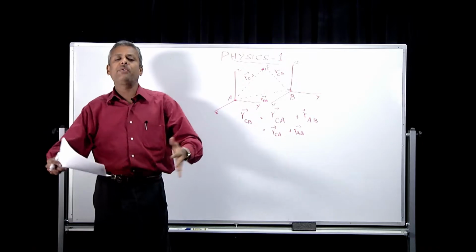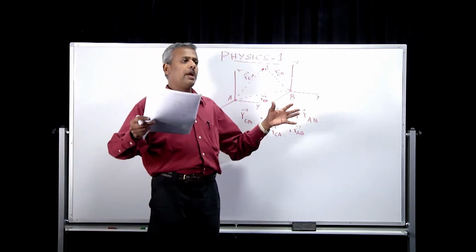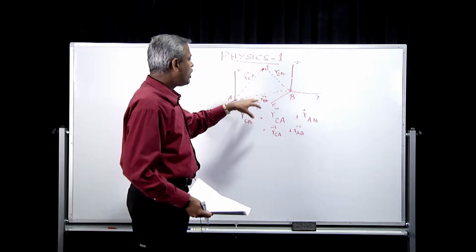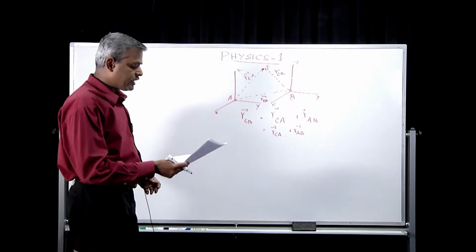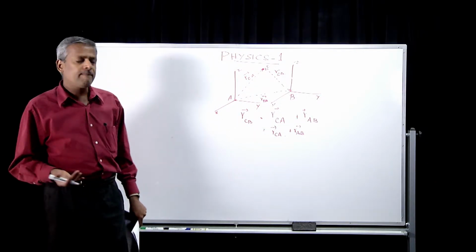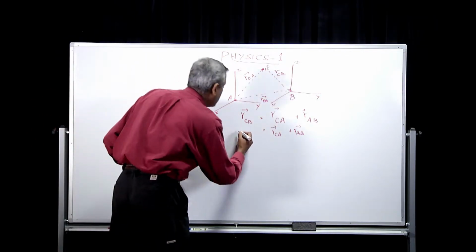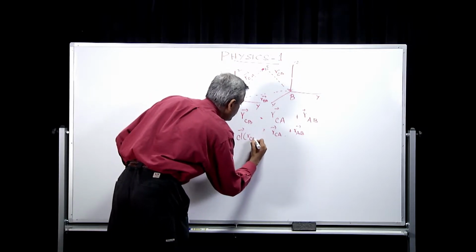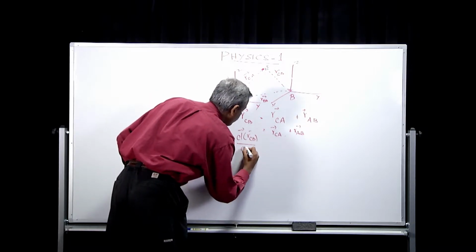We are taking two reference frames and picking some particle or object and defining the coordinates and position. Once you know the position, you know your velocity. Velocity is what? Velocity is the derivative of position. So, you put this derivative.